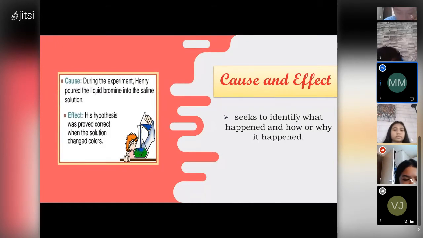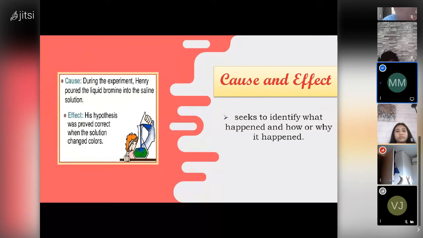As a result, Ben cried. Okay? Again. David shouted at Ben. As a result, Ben cried. It's very obvious na. Okay, Athea, tell us where is the effect and where is the cause.